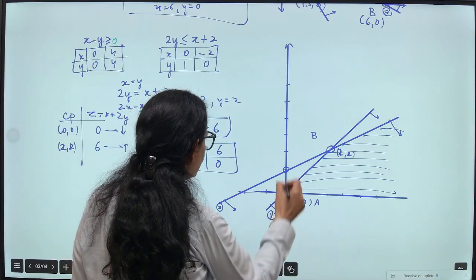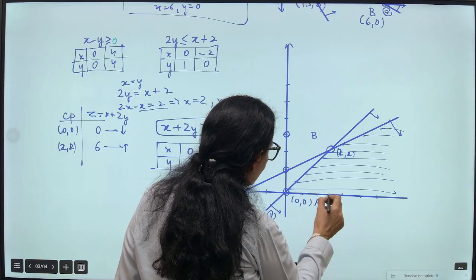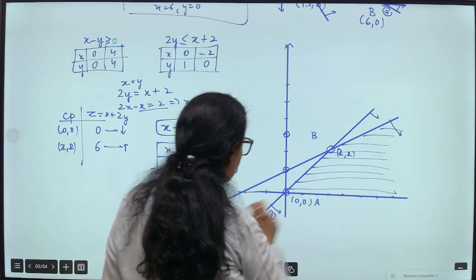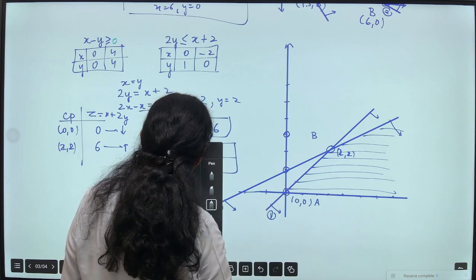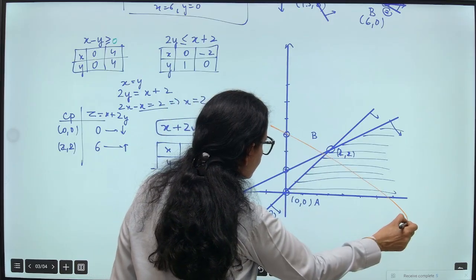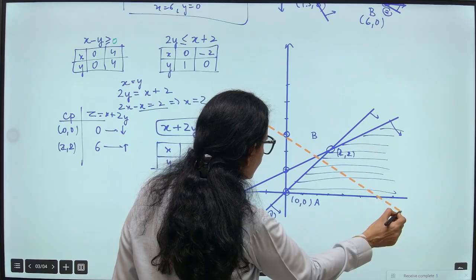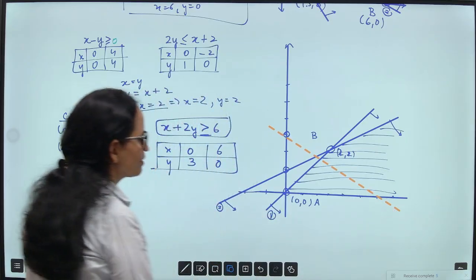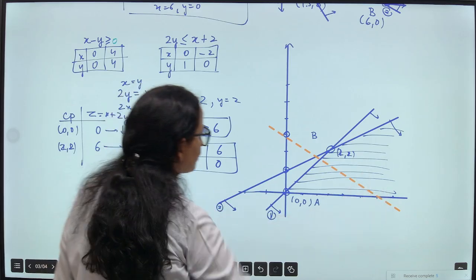X is 0, y is 3, so this is one point. 1, 2, 3, 4, 5, 6, it is 6 somewhere here. So the graph of the objective function will be something like this. It is passing through the feasible region. It is entirely in the feasible region, if you see. The objective function is coinciding with the feasible region.